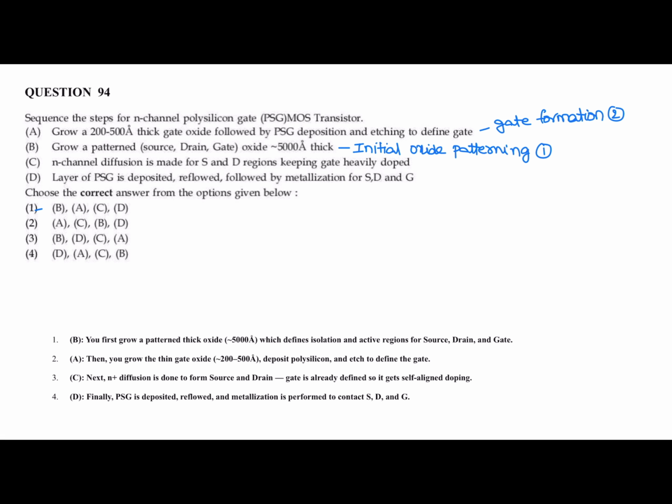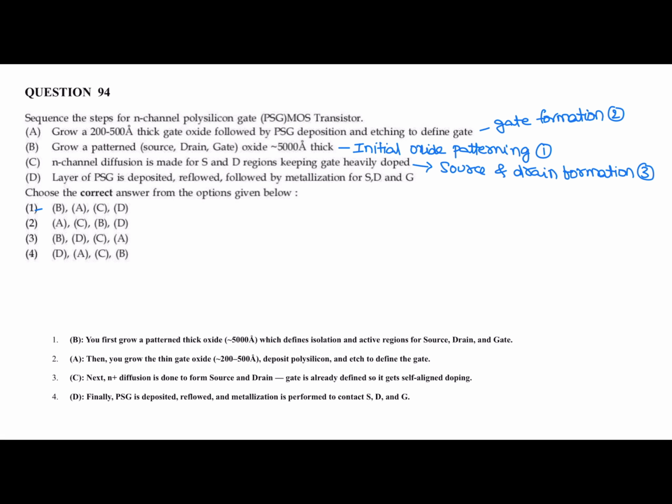polysilicon gate deposition and etching to define a gate. And the third step is statement C. N channel diffusion is made for source and drain regions keeping the gate heavily doped, that is source and drain formation. So this is the third step.